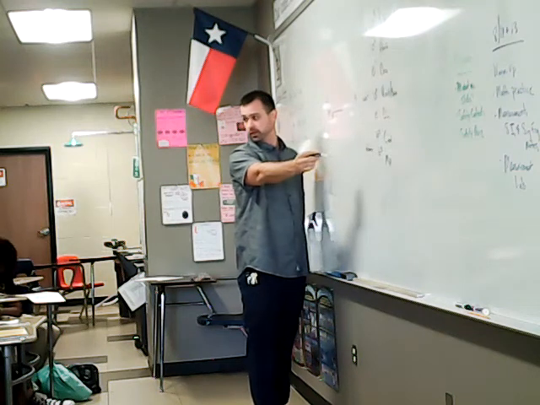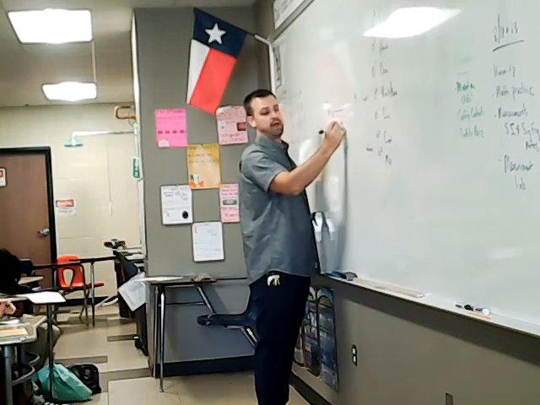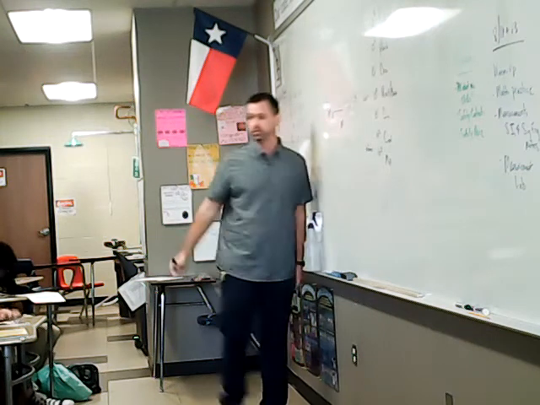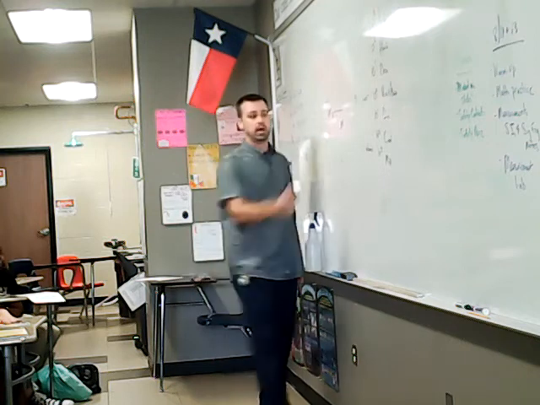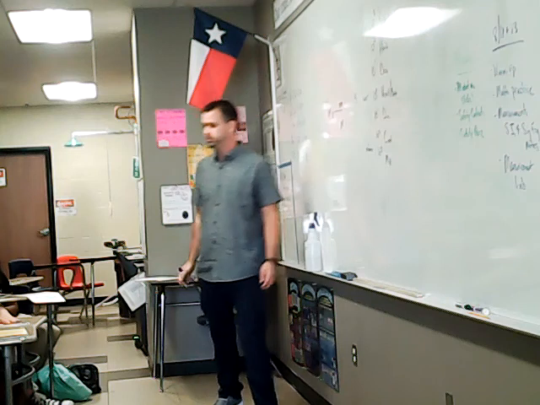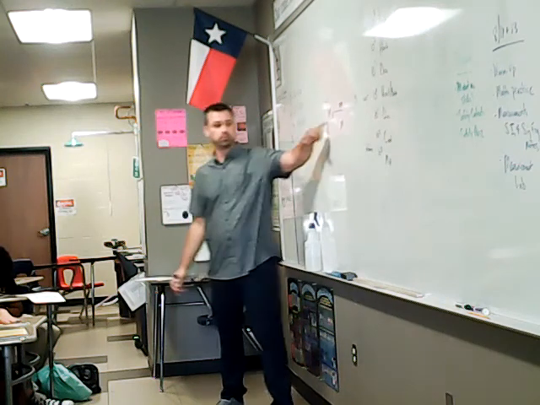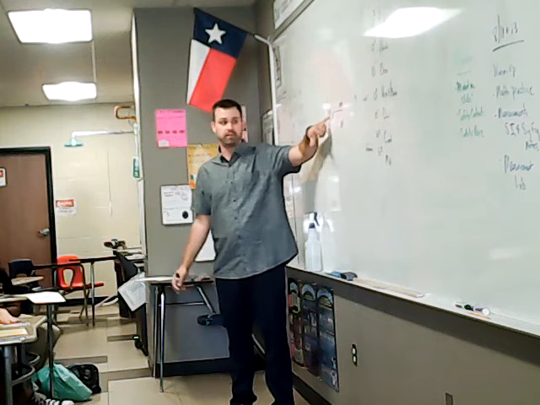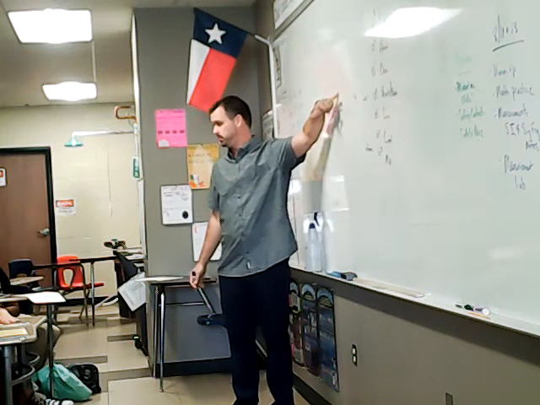Would you all agree with that? Which means if I have meters on top, I have to put meters down here to get out of it. And I want to get into millimeters. So meters goes on bottom because I need to get out of that unit, and the unit I want to get into goes on top.